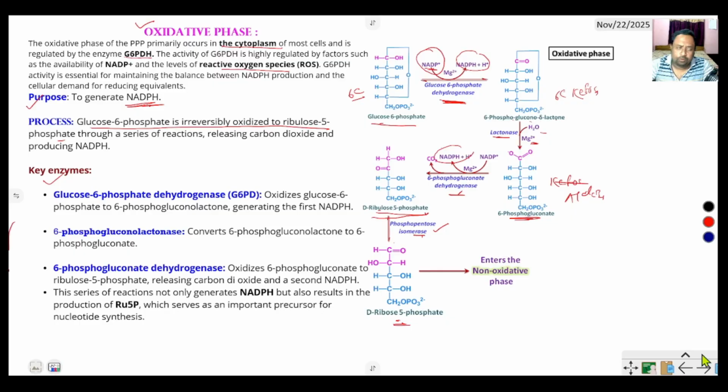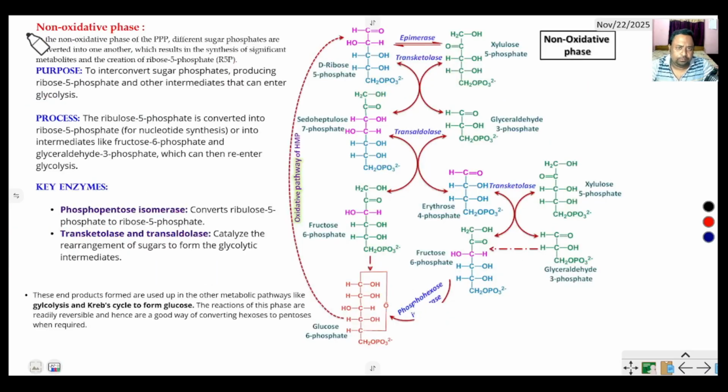Then number 2 is the non-oxidative phase. In the non-oxidative phase, different sugar phosphates are converted into one another. In this, glyceraldehyde 3-phosphate is produced, ribulose 5-phosphate is produced, and fructose 6-phosphate is produced, erythrose 4-phosphate is produced. Different types of sugar are interconverted and produced, that are again used in the glycolysis pathway.